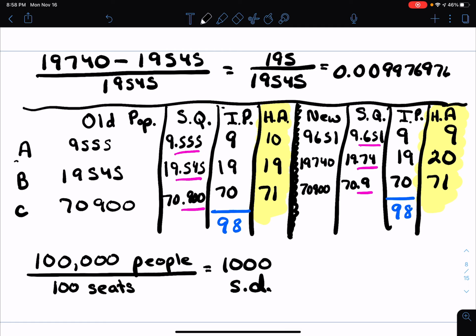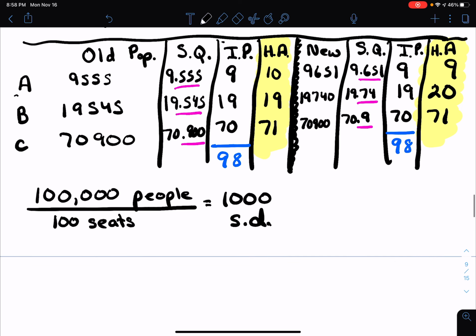All right. So as expected, state C stayed the same.